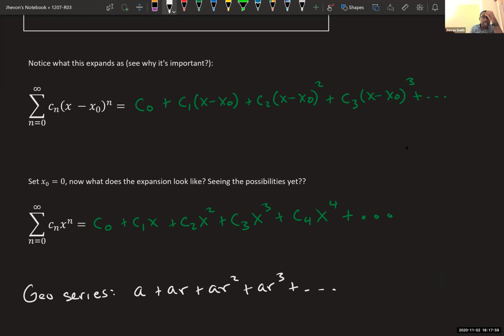At first you might think geometric series, but the important thing for a geometric series is that you have a constant A. Here you have different C's. The C's don't have to be the same in general. So it's not geometric unless I know for sure that the C's are all the same number.